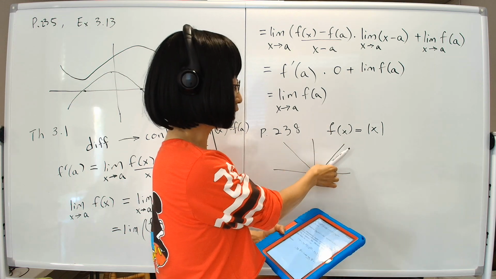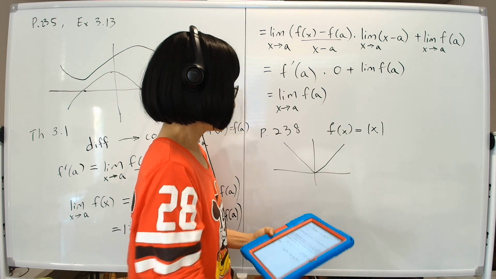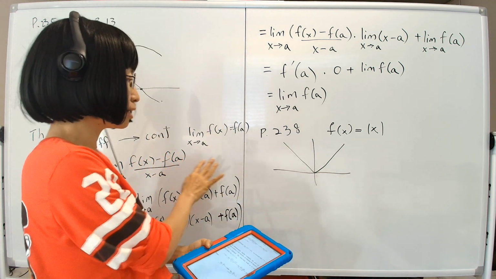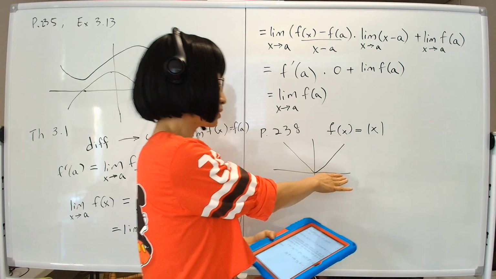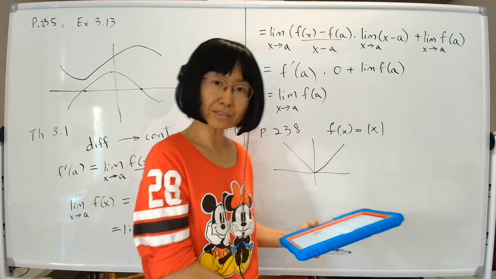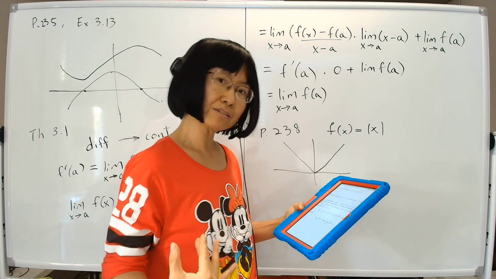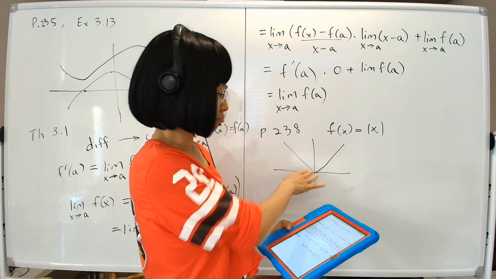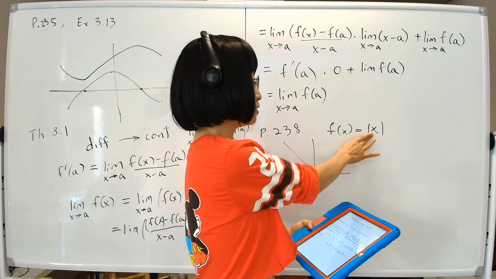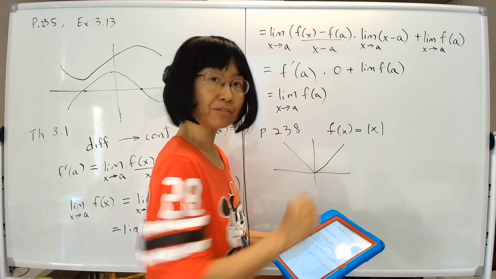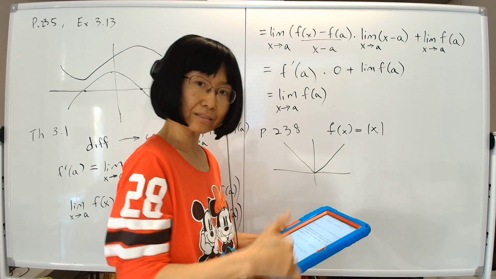The slope on that side is always +1. As a result, the limit on the left is always going to be different from the limit on the right of the differentiation. And since that limit only exists if the left limit equals the right limit, the absolute value of x is not differentiable at the origin, because there's a sharp point.